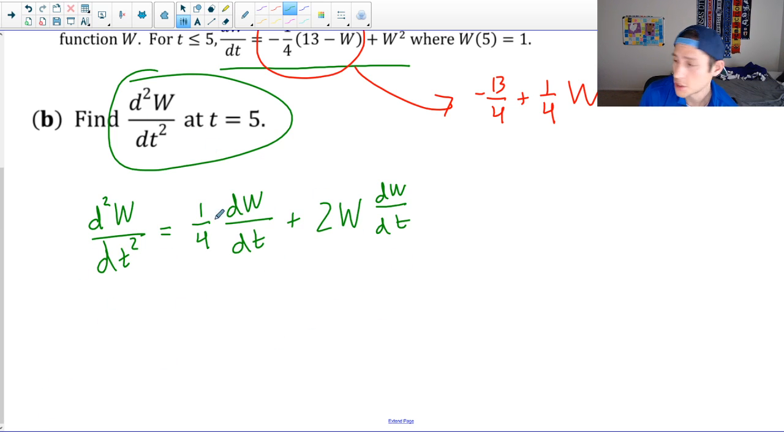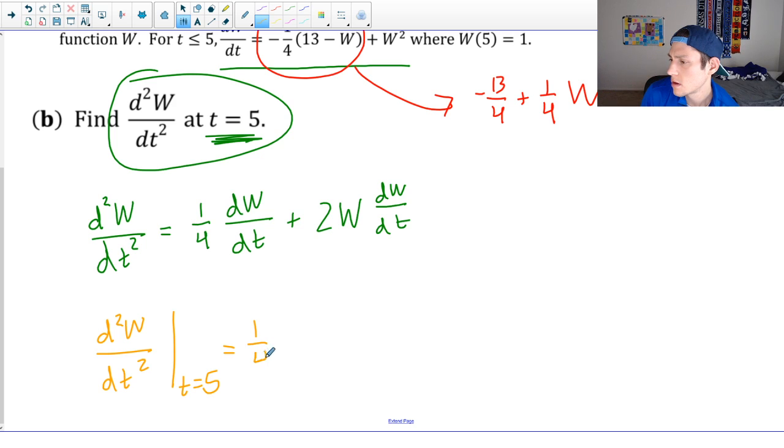This is just the general formula for it, so now let's actually figure out at t equals 5. So we'll evaluate it at t equals 5. 1/4. Now, what is dw dt at t equals 5?